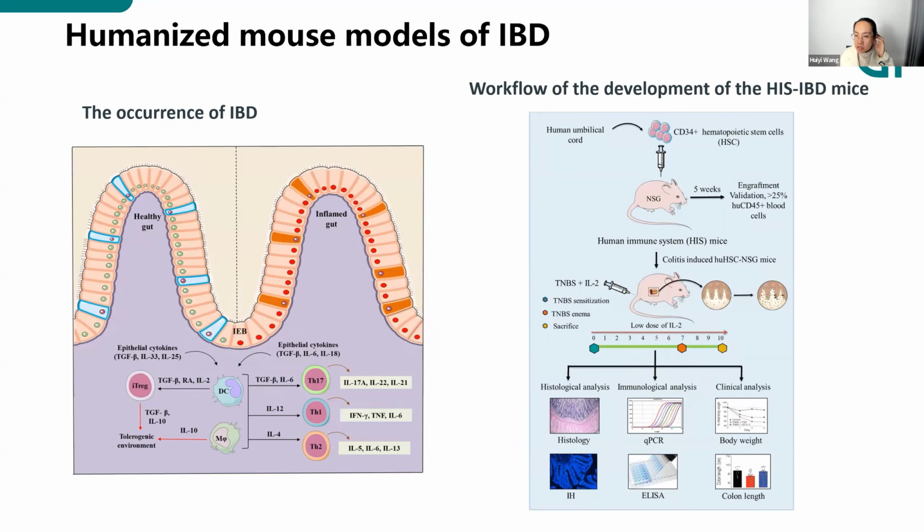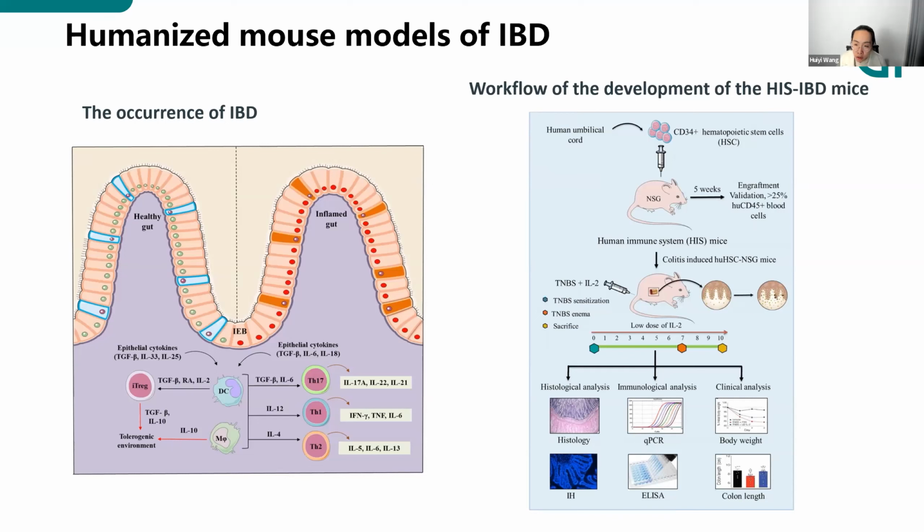A healthy intestinal epithelial barrier, in the presence of TGF-beta and IL-2, will promote the dendritic cells and macrophages to stimulate the generation of inducible Tregs. TGF-beta and IL-2 are markers that contribute to the generation of inducible Tregs and establish and maintain the tolerogenic environment in a healthy gut.